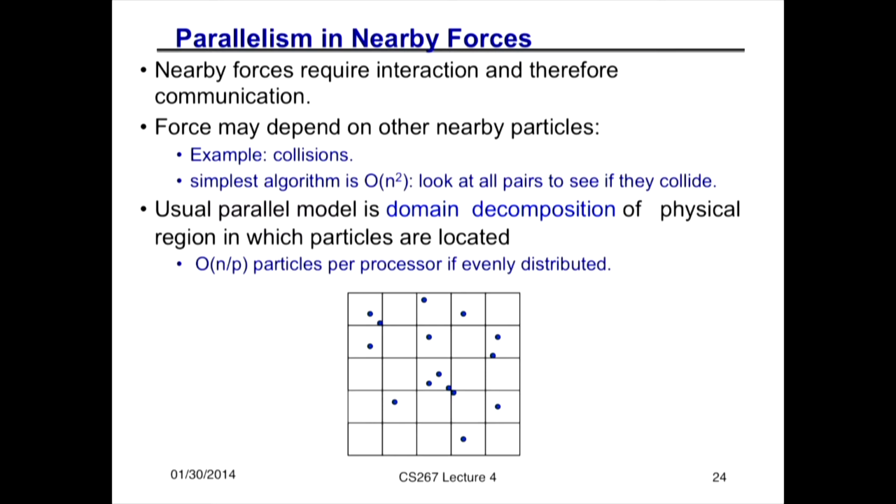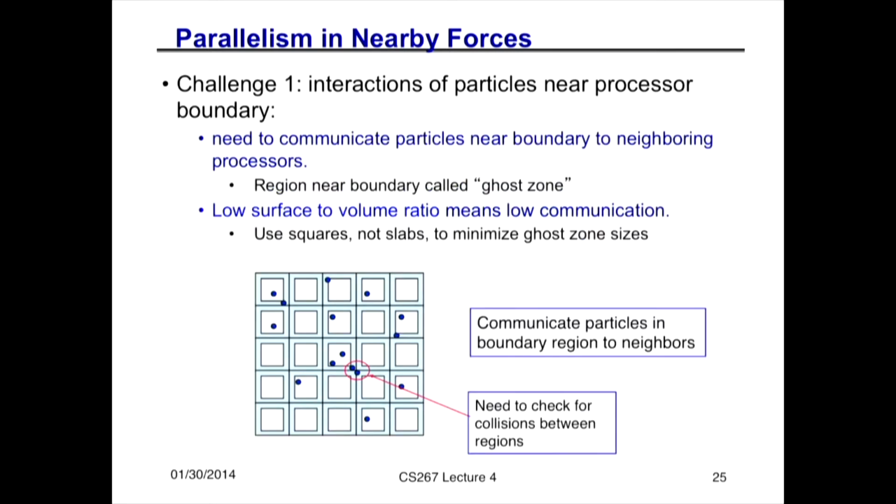How do I deal with the communication? I'm going to take advantage of the fact that since it's only nearest neighbor interactions, the only chance of having an interaction is when two particles are both very close to a boundary. So what I'm going to do is define these little blue areas near the boundary, the ghost zones. I think I called them that before.